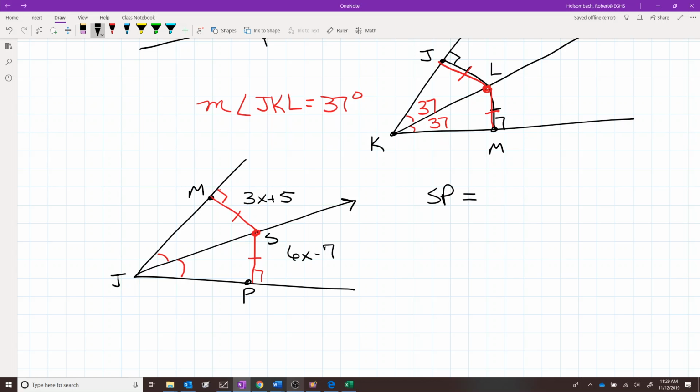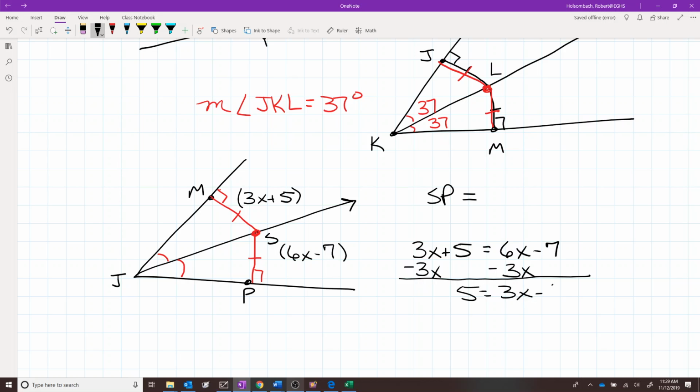So since the two segments are congruent, then the two expressions are going to be equal to each other. So your 3x plus 5 is equal to the 6x minus 7. And if you solve for x and substitute, you can find the length of SP. So subtract 3x from each side. And 5 is going to equal 3x minus 7. You can add 7 to each side. 12 would equal 3x.